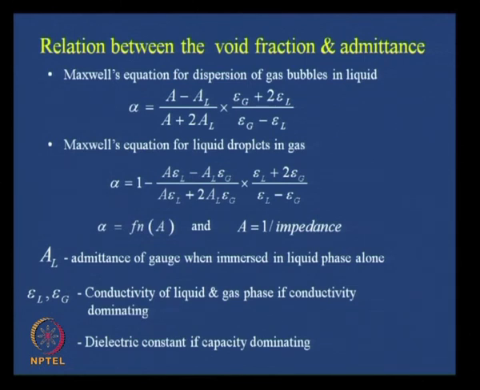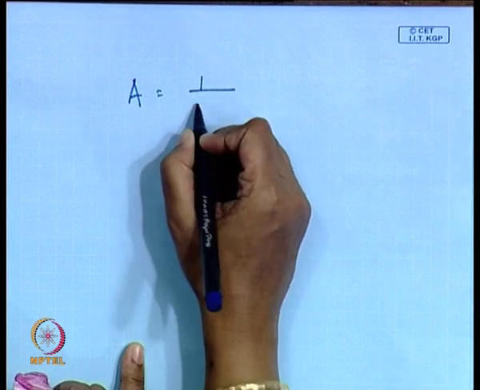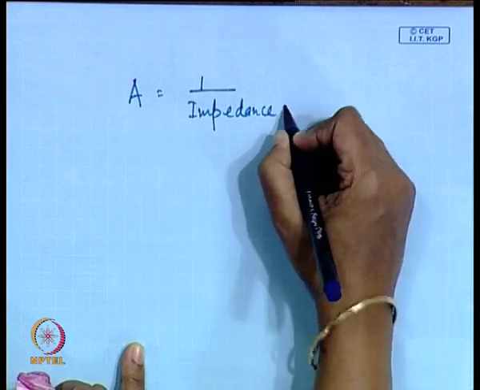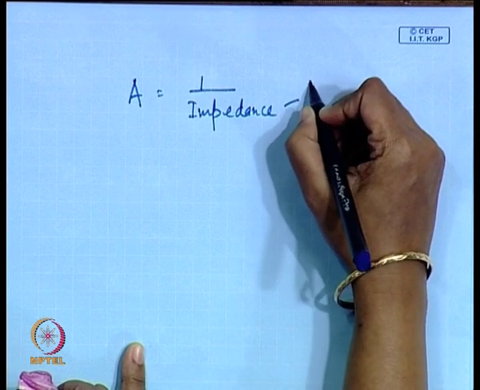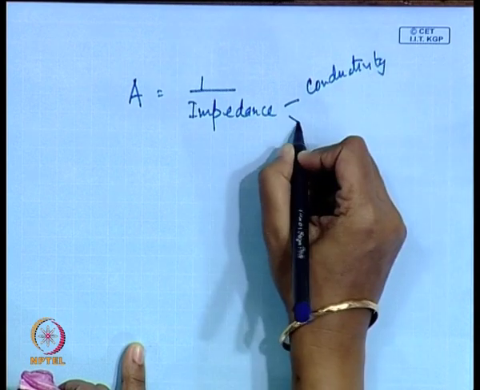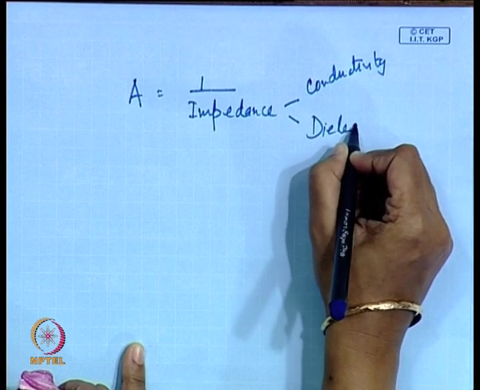This I believe you already know, isn't it? Admittance A is equal to 1 by impedance, where this impedance can be conductivity or it can be dielectric constant.